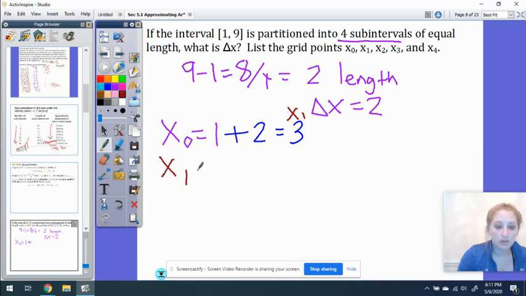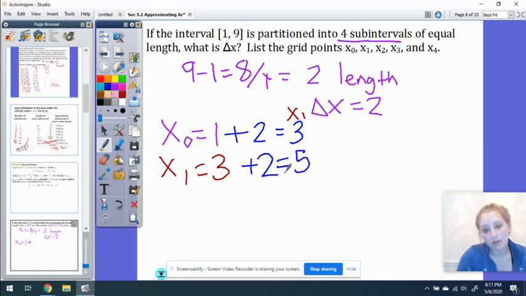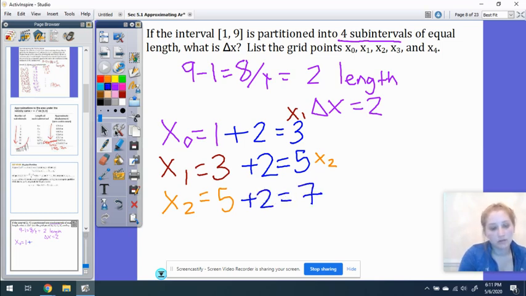Okay, so then we do the same process. We say 3, we're going to add 2 again, and that's going to give me 5. And 5 is going to be my x2 value. Then we add 2, we get 7. 7 is my x3 value.